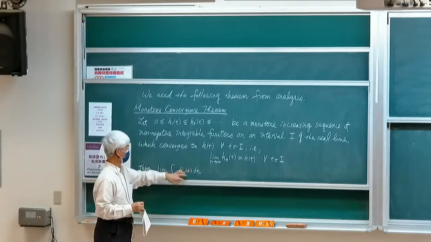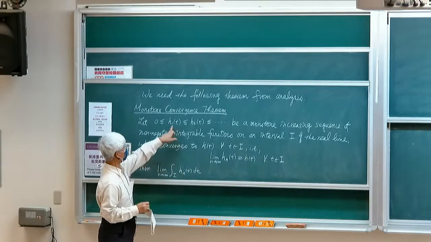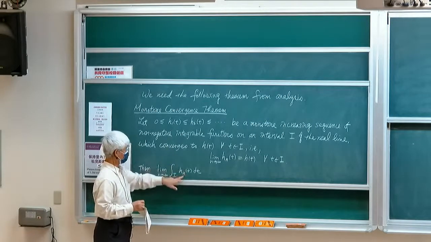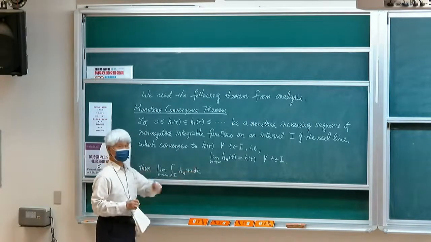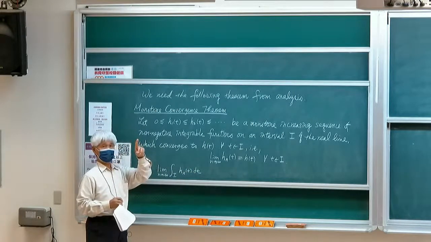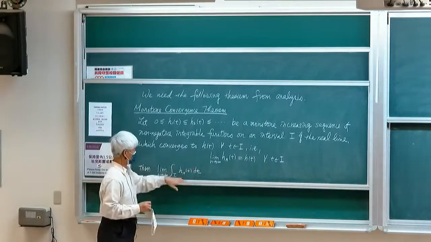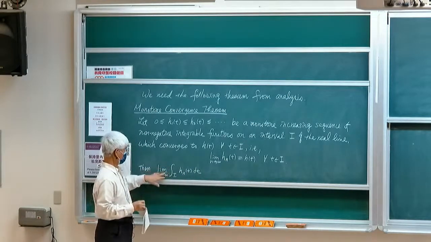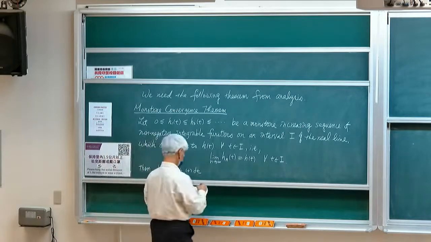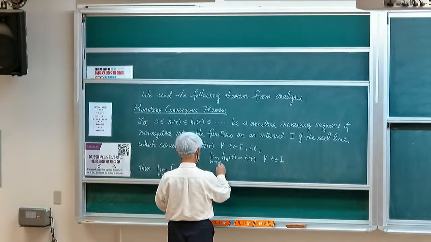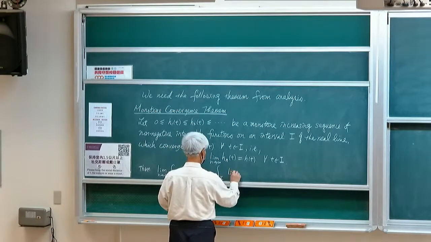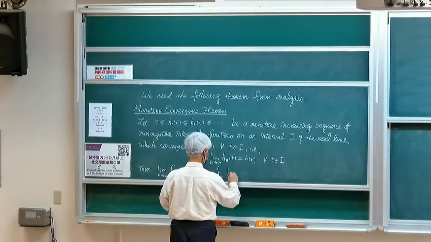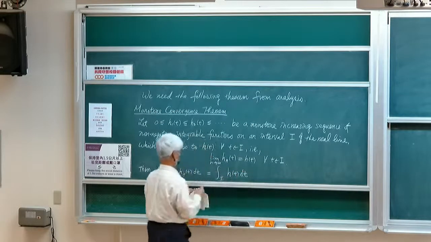And because h_n is an increasing sequence of functions, as n goes up, this integral goes up too. So this is a sequence of non-negative numbers, and its limit exists, and this limit would be the integral of h(t).